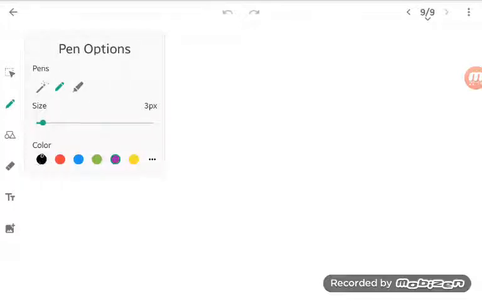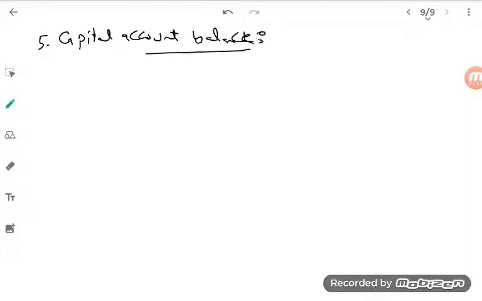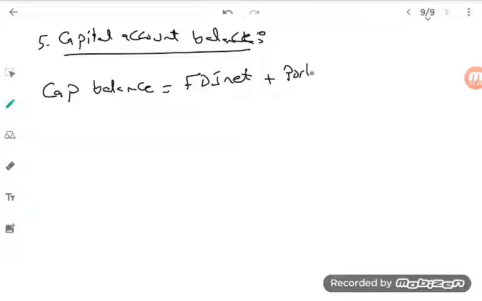Account or balance number 5, capital account balance. Capital account balance is the summation of the three main components of the capital account, which is foreign direct investment net, portfolio net, short-term capital net.